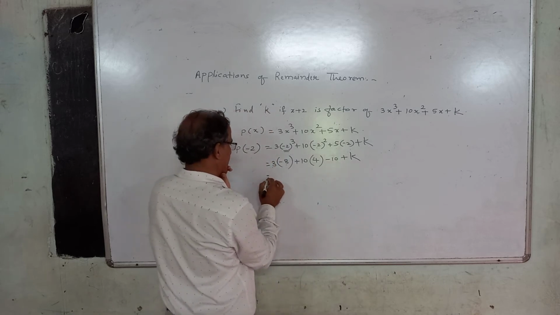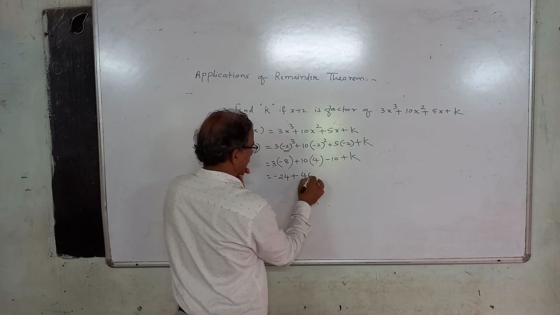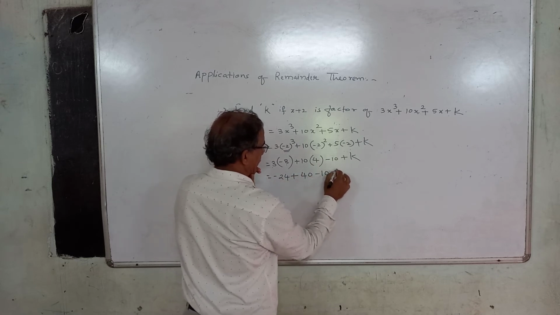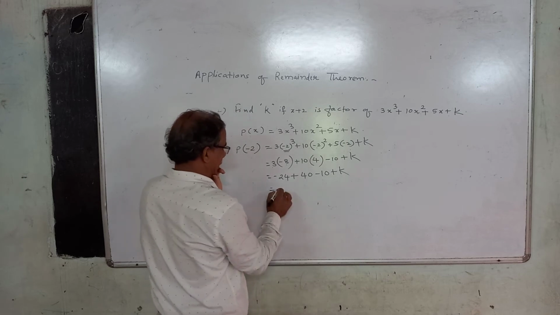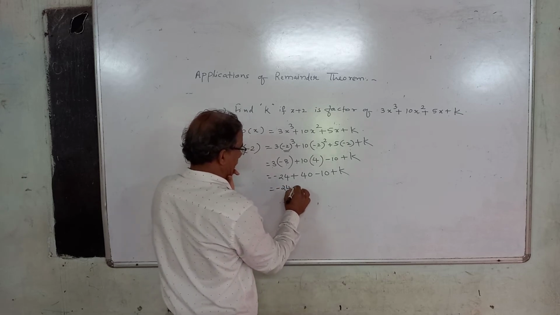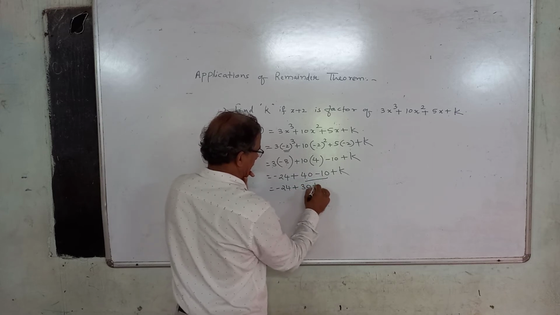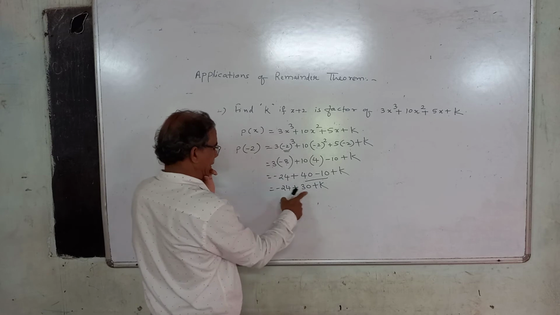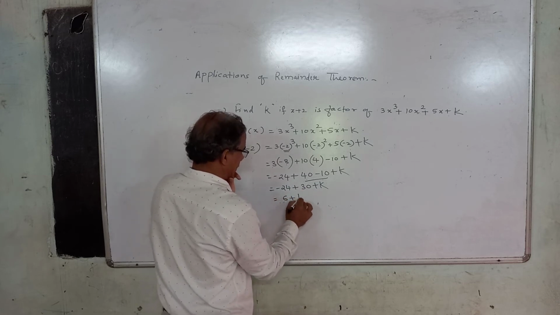So 3 into minus 8 is minus 24, plus 40, minus 10. So it is minus 24, plus 30, and now we can add these two integers, minus 24 plus 30. So it is 6 plus k.